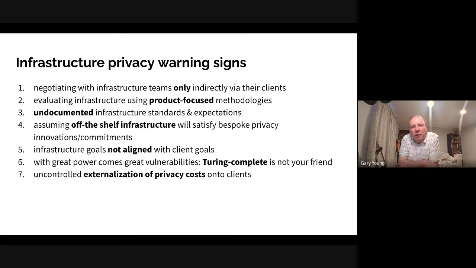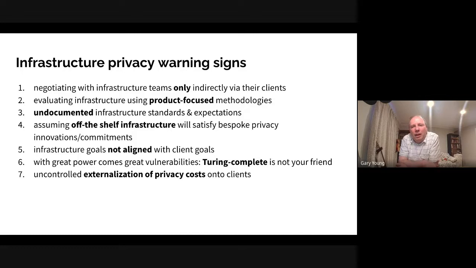If you assume that off-the-shelf infrastructure will satisfy your requirements, that may work for normal companies, but if you have bespoke requirements, or due to injunctions against your company, or if you have been doing a lot of privacy innovation, it may not be reasonable to expect that off-the-shelf services will meet your company's specific needs.